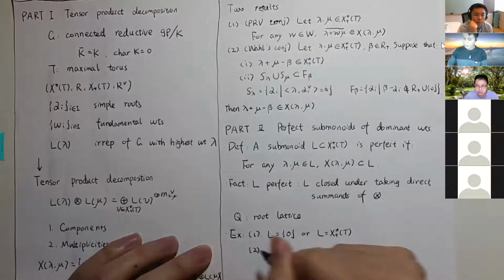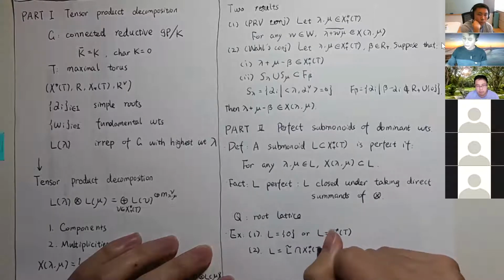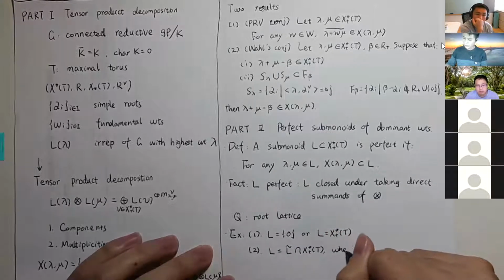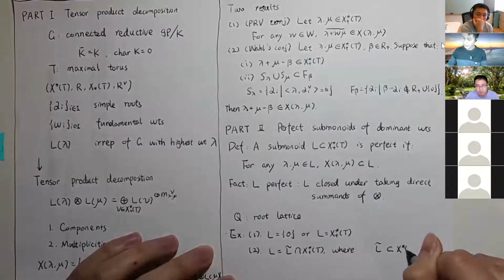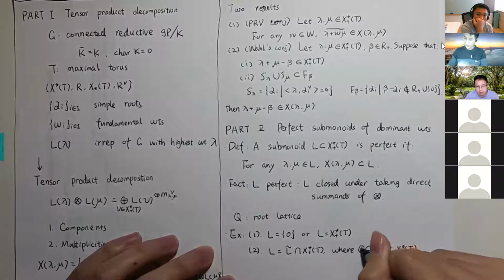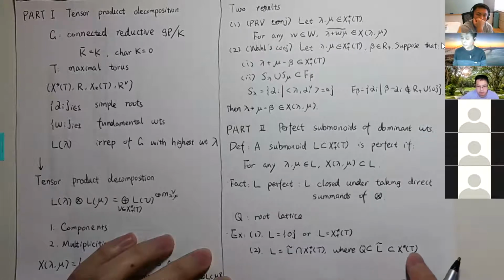For the second example, let L be the intersection of L tilde with the dominant weights, where L tilde is a sublattice of the weight lattice containing the root lattice. Then this L is perfect.